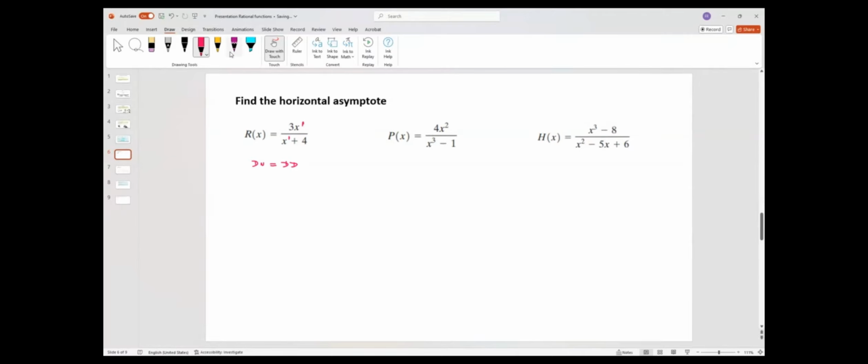That means that now the horizontal asymptote will be equal to the leading coefficient of the numerator over the leading coefficient of the denominator.